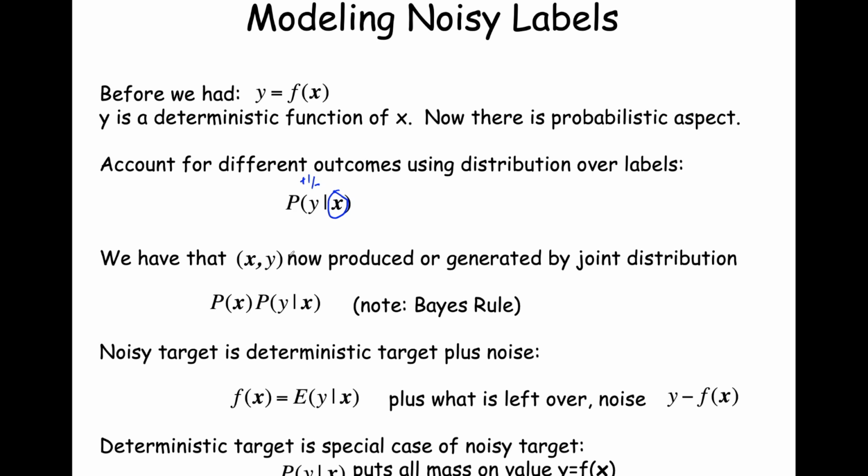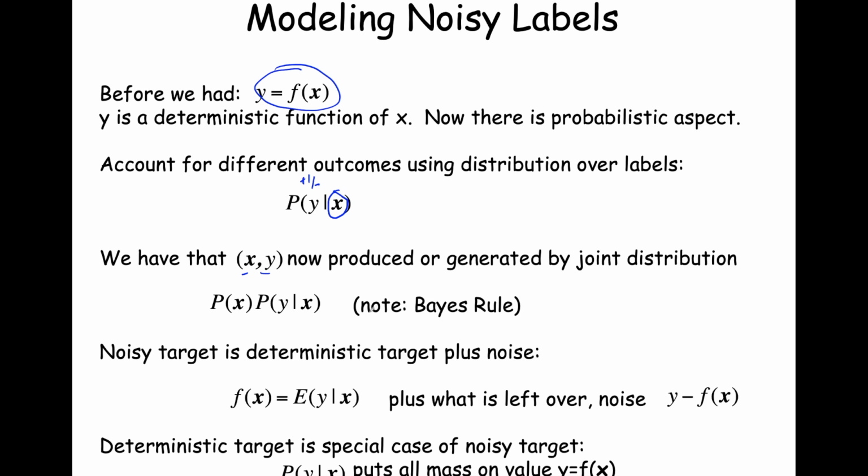So we said that we have our label instance pairs, our vector instantiations x and our labels y. These are now produced or generated, you can think of it mathematically using Bayes' rule, as our probability p of x, which gives us our feature vectors, times our conditional probability p of y given x, our noisy target function. Now, you can think of a noisy target function as this deterministic target function plus some noise.